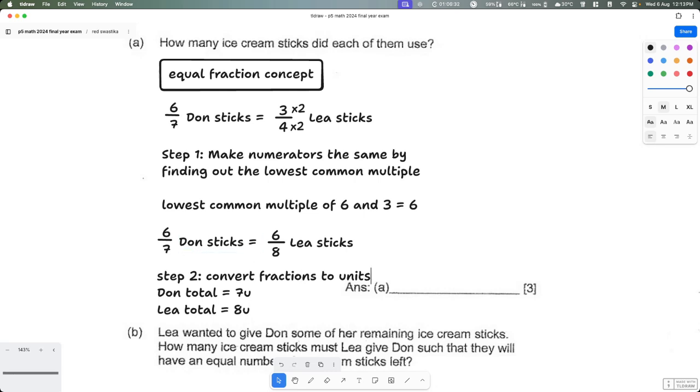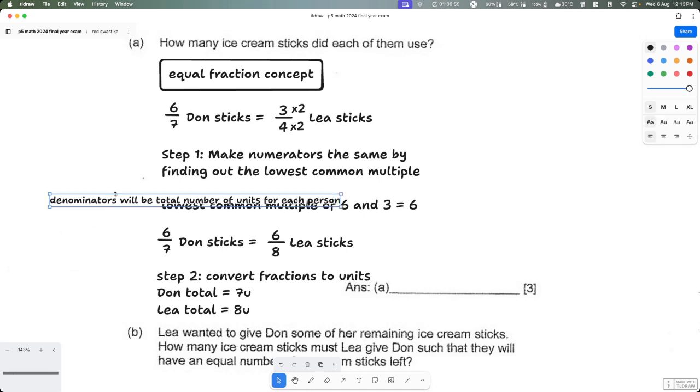Basically, denominators will be the total number of units for each person.